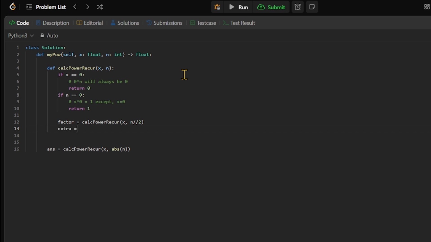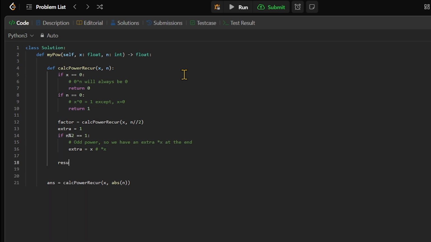So let's say extra is 1 for now. If n mod 2 is 1, then extra is x. So we're timesing another x to it at the end. This is for an odd number power. Odd power, so we have an extra times x at the end.